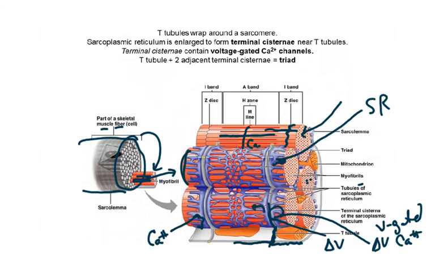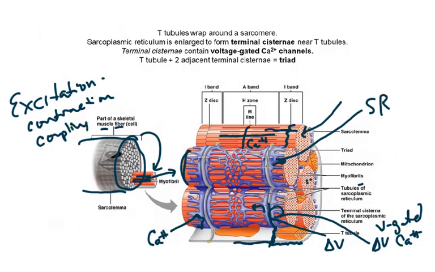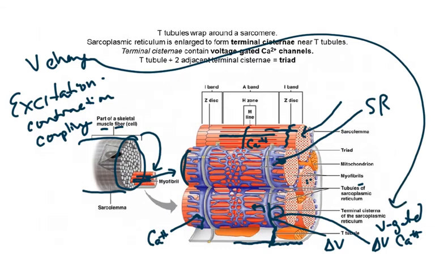Now that calcium is able to interact with the myosin and actin. This is called excitation, meaning the voltage change. Excitation-contraction coupling. The secret to the coupling is that voltage change opens the voltage-gated calcium channels, which causes the calcium to be spilled out.